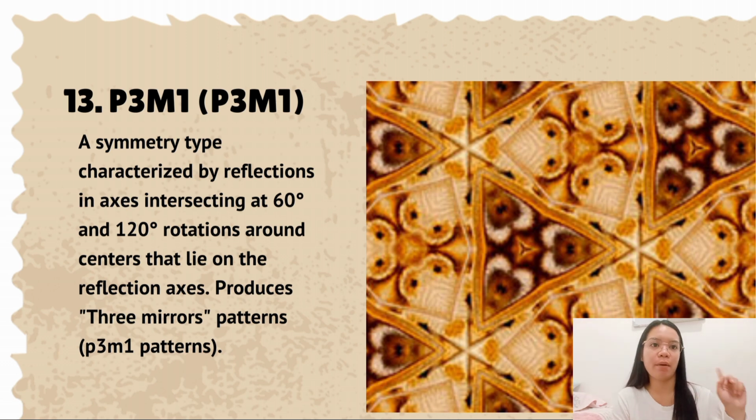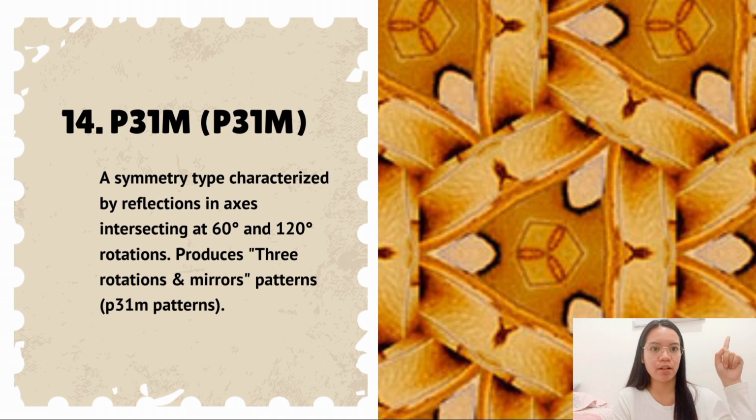The 13th example is P3M1, a symmetry type characterized by reflection axes intersecting at 60 degrees and 120 degrees, which equals a 180-degree rotation around the center that lies on the reflection axis. It produces 3 mirrors, as you can see on the top: 1, 2, 3.